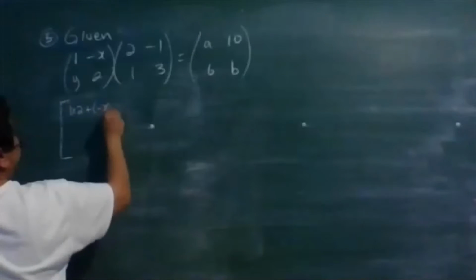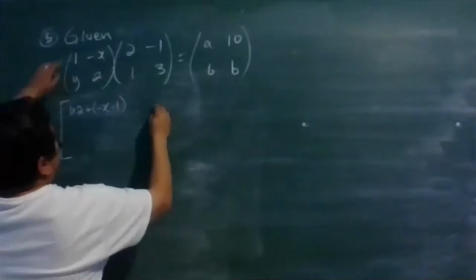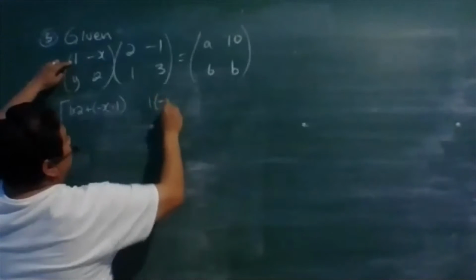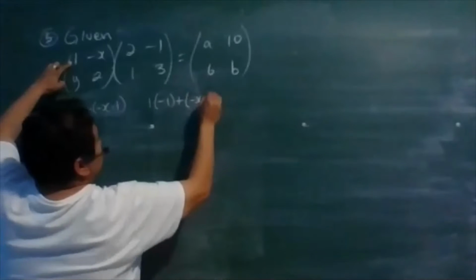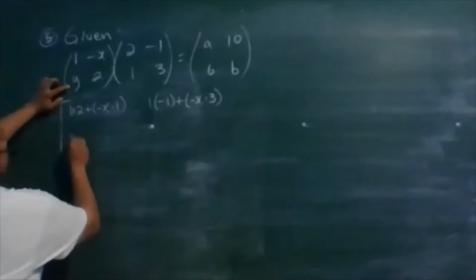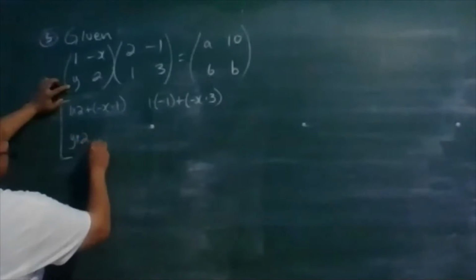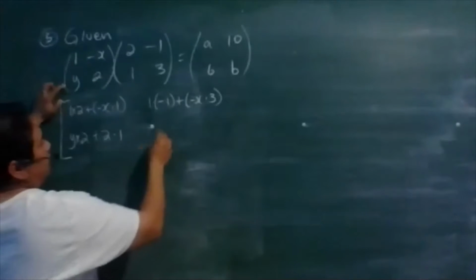plus negative x times 1. Then 1 times negative 1 plus negative x times 3. Then y times 2 plus 2 times 1.